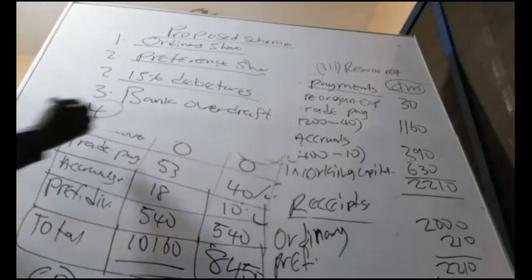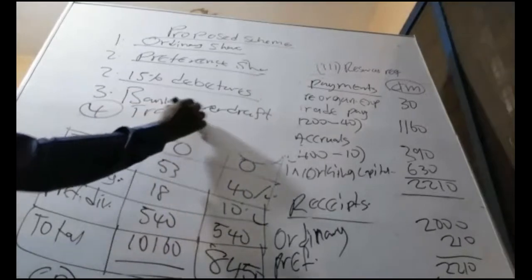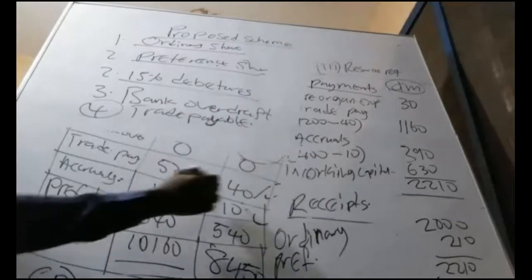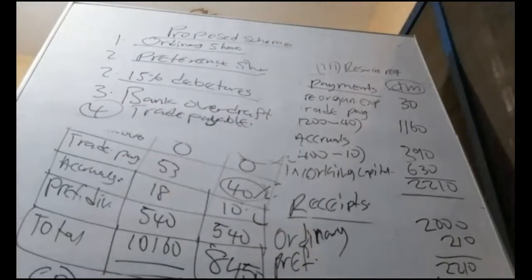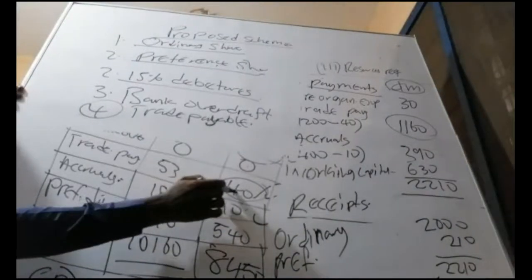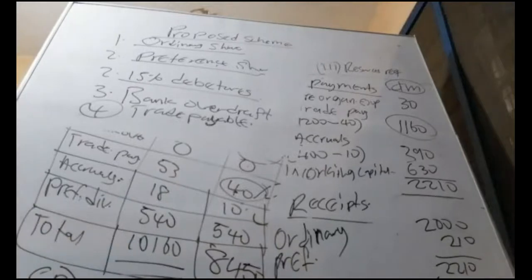Trade payable. Good. You can write it down for me. Here they are losing how much? 40. How much are they bringing? They are not bringing anything; we are paying them. Trade payable, that is their figure. So you write: 40 million of the trade payable must be cancelled, with the remaining balance being paid immediately.